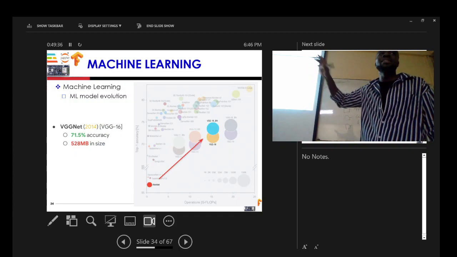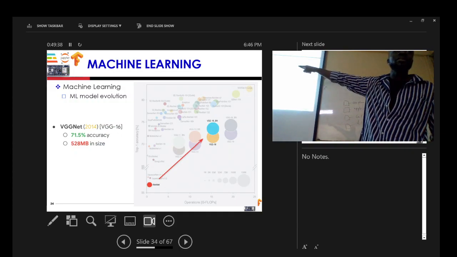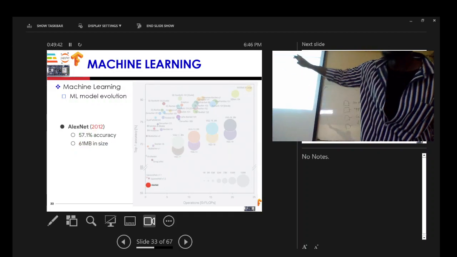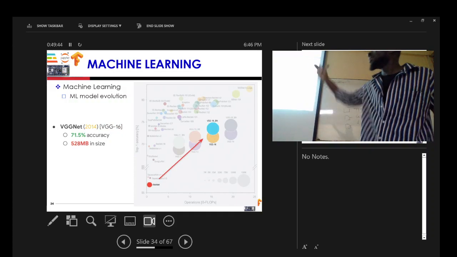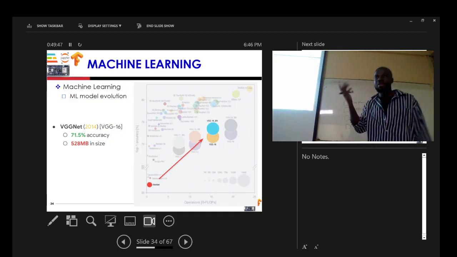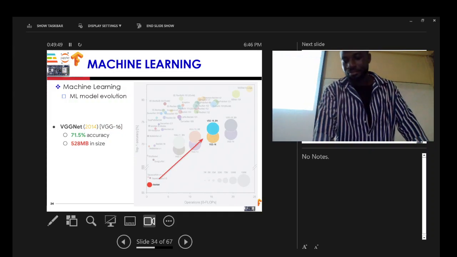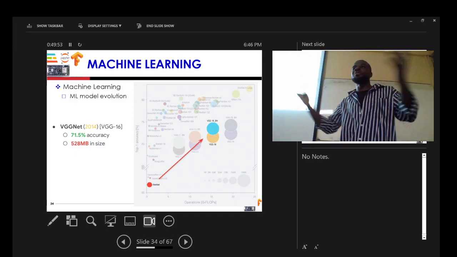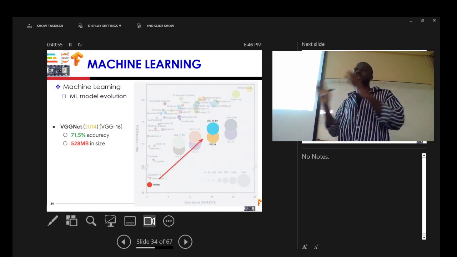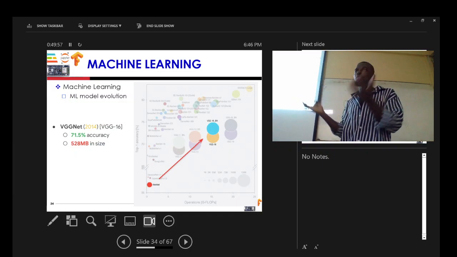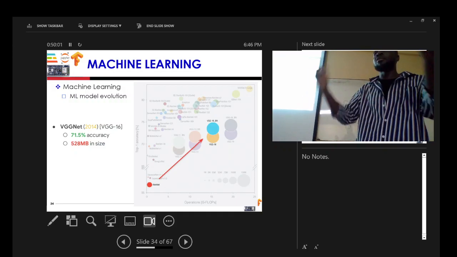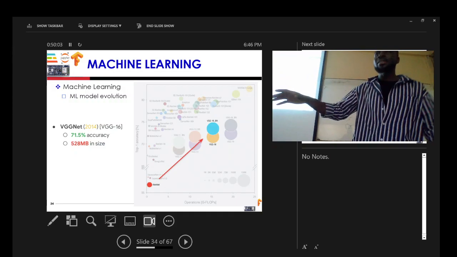That's actually good, right? But look at the size of the model. It has increased from 61 megabytes to a much bigger size. So we have an issue here. We don't only want to design an algorithm that is accurate, but we want an algorithm that uses a smaller size. That's very important nowadays, because you want to run your algorithms on embedded devices, right?